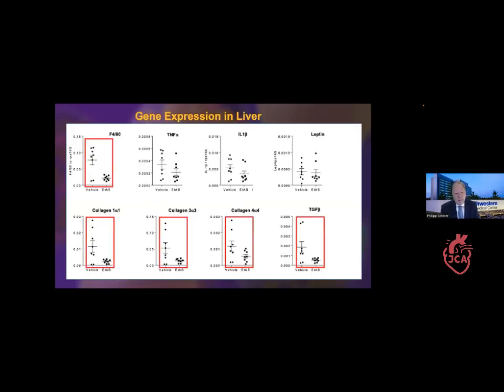With neutralization of endotrophin, we have a dramatic reduction of the pro-fibrotic readouts locally. And with that, we have reduced steatosis, reduced collagen production, and overall improvement in liver functionality.